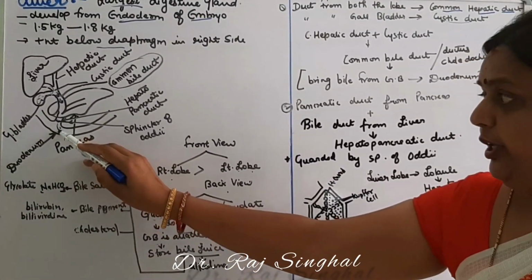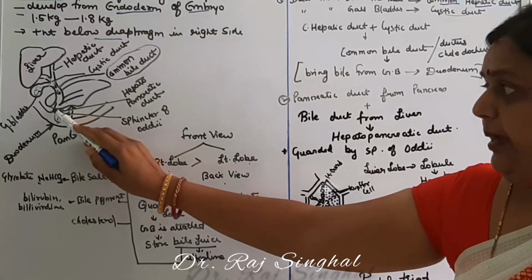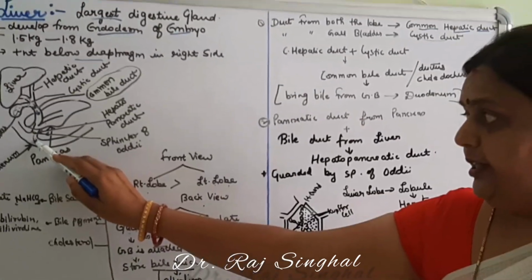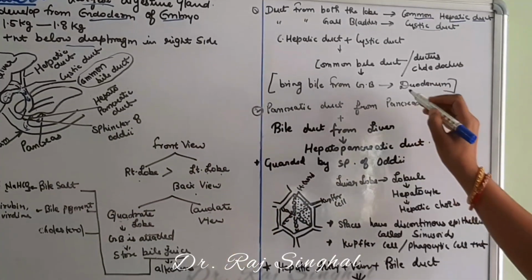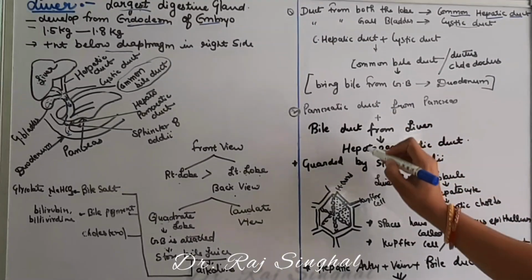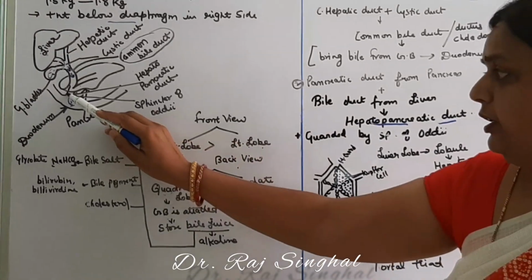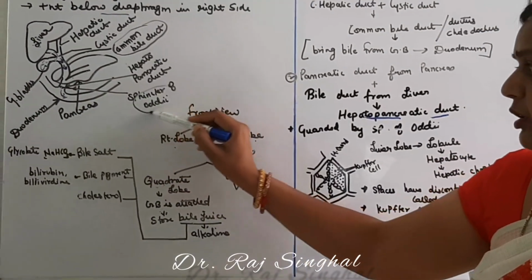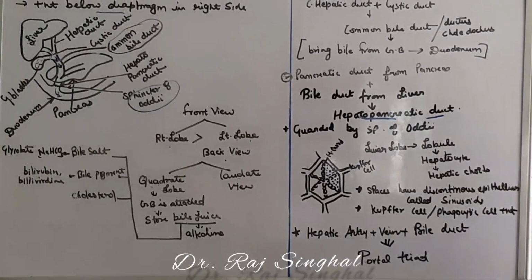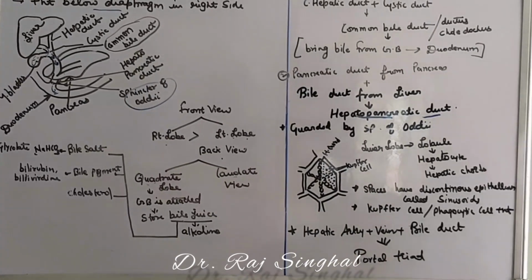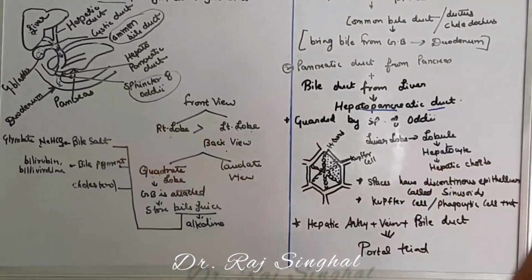Before entering the duodenum, the duct arising from the pancreas also joins this duct to form the common hepatopancreatic duct. This hepatopancreatic duct is guarded by the sphincter of Oddi, which regulates the amount of fluid coming into the duodenum.